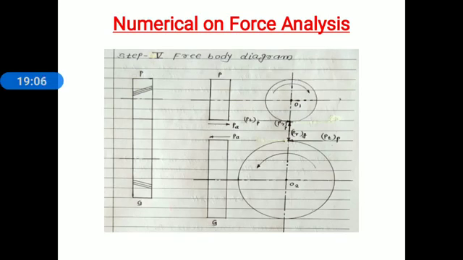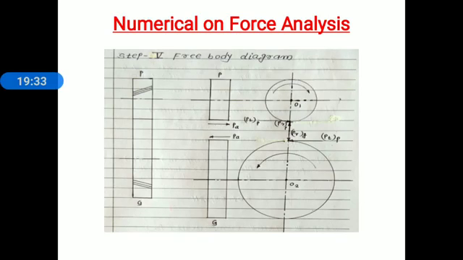The second component is the radial component. How to decide its direction? Radial component is always directed toward the center of the gear. That is clearly shown on the pinion and gear. Now the third one is very important, thrust. How to show the thrust? That is shown in a side view. Here we consider the pinion as the driver.